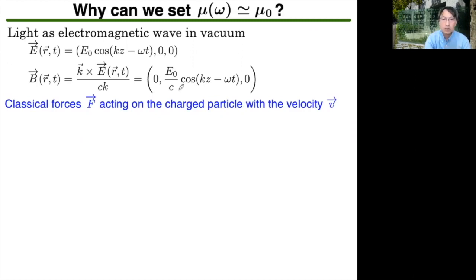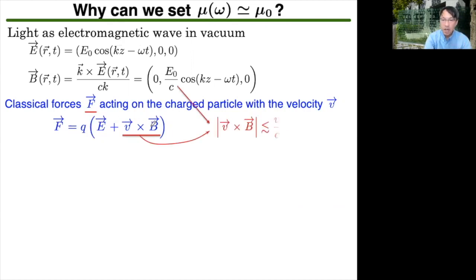Then we consider the classical force F acting on a charged particle moving with the velocity v. These are the Coulomb force by the electric field and the Lorentz force by the magnetic field. Since the amplitude of the magnetic field of the light is E0 over c, the term v times B is evaluated as of the order of v over c times E0.